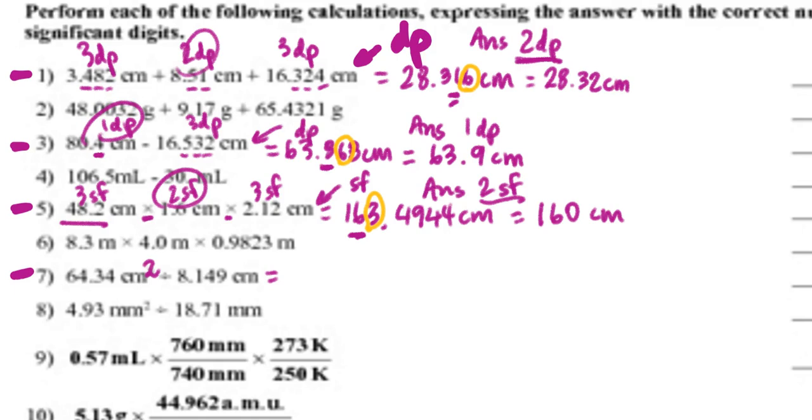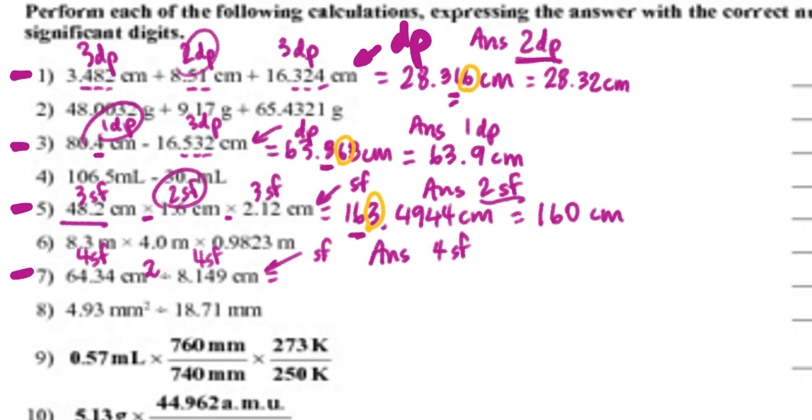So again, I want to track significant figures in this problem instead of decimal places. 64.34, that's four non-zero digits, so that means they're all significant, so this is 4 significant figures. 8.149, well, that's also 4 non-zero digits, right? 8, 1, 4, and 9, so that's also 4 significant figures. So that means that my answer is going to be reported to 4 significant figures.